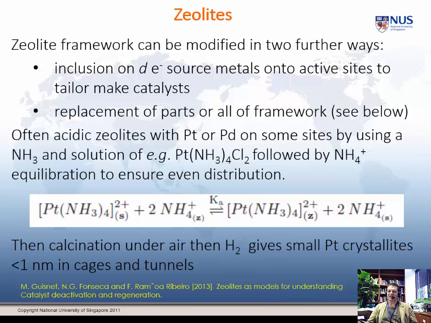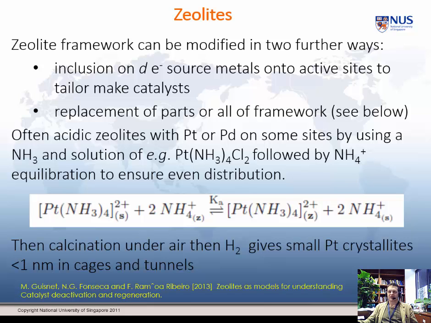Well, how you might do it with acidic zeolites: basically use some sort of complex like this with ammonia, allow it to equilibrate so that your platinum or palladium is fairly evenly distributed through the matrix. Then you calcine it under air and then hydrogen, and it gives you small platinum crystallites in less than 1 nanometer cages and tunnels. Very effective catalyst, allows you to do somewhat different things.